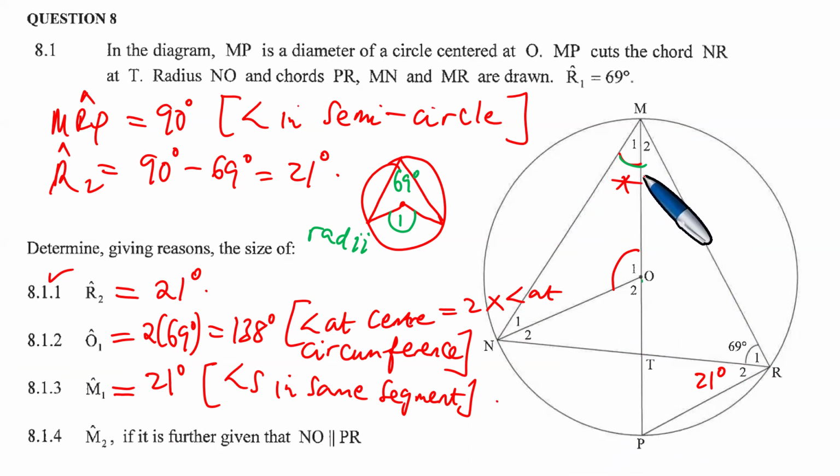This one here. What is the angle M2? If it is further given that NO, this one, is parallel to PR, we need to find the angle M2.